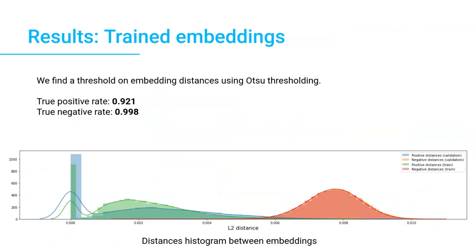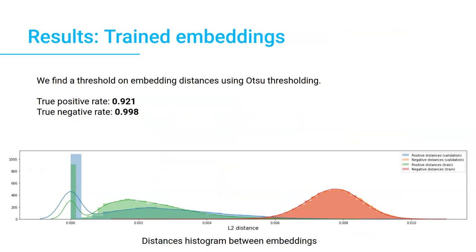After training, we calculated our embeddings from the obtained model, and we observed that the obtained distances are perfectly normally distributed, except for zero outliers, because those are very easy samples. And we found that such distances may be easily divided into 2 groups, and we performed just auto thresholding and found the threshold.